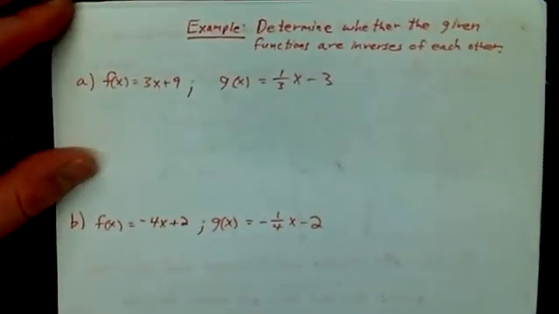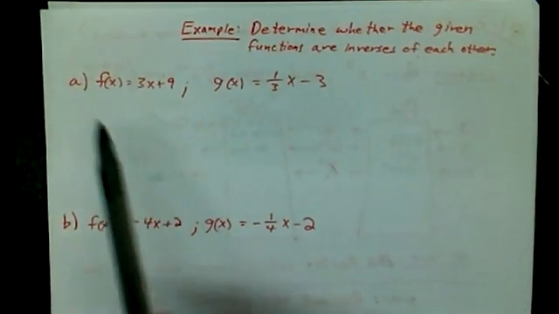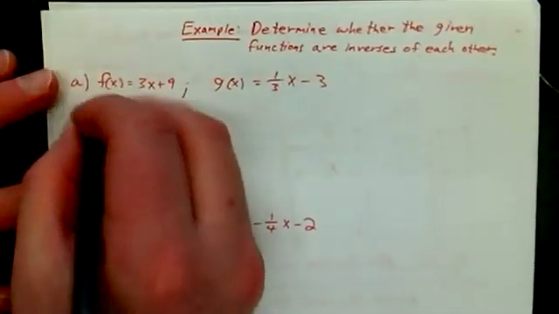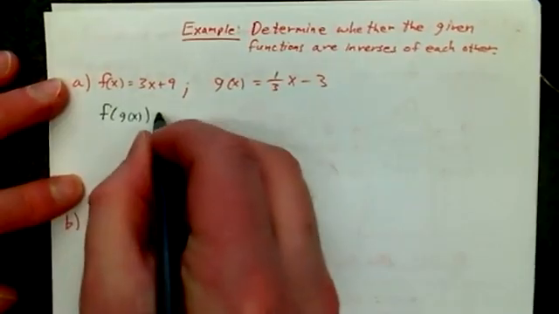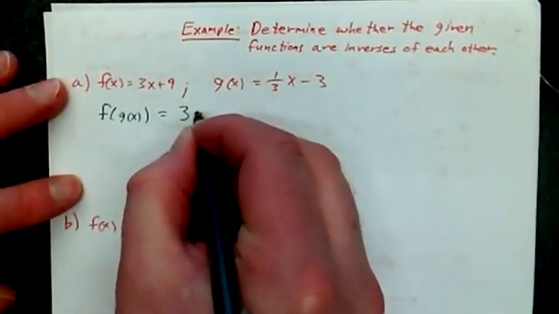So here's an example. Determine whether the given functions are inverses of each other. Here I give f of x equals 3x plus 9. Here is g of x equals 1/3 x minus 3. So first thing I'm going to check is f of g of x. Now that's going to be 3 times g, right?